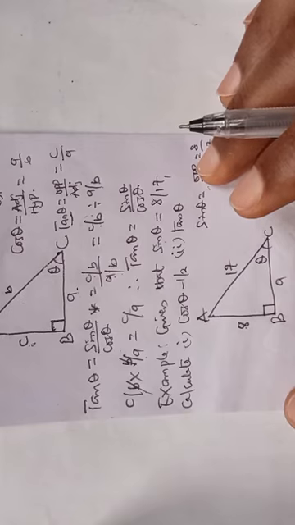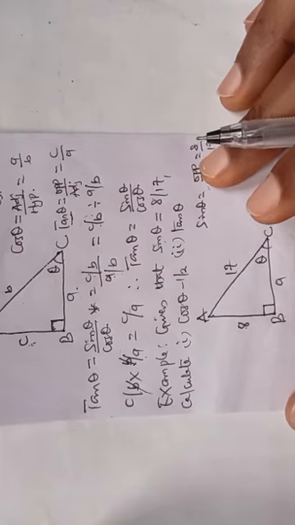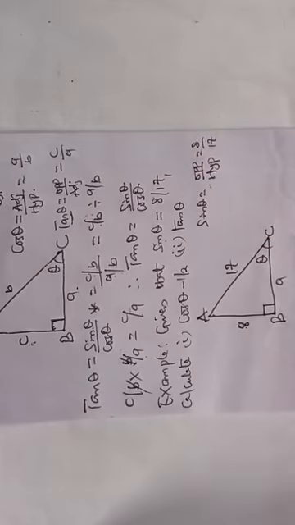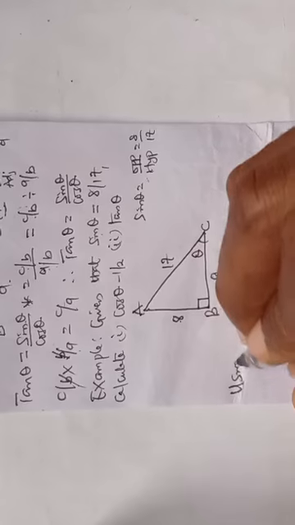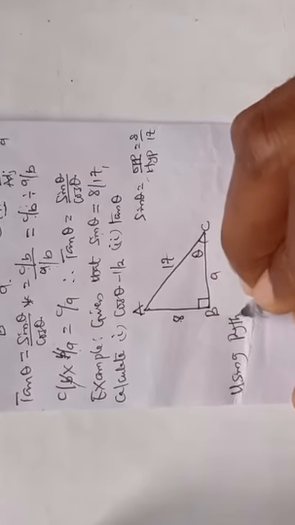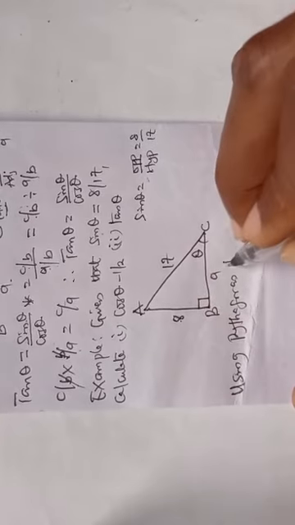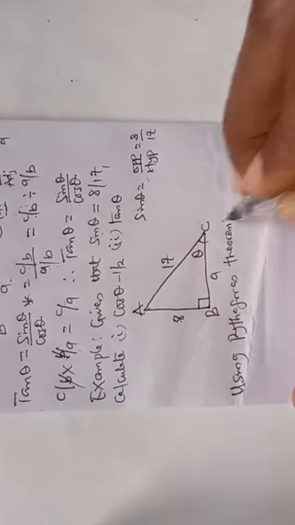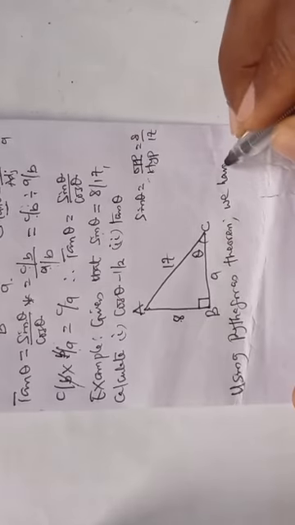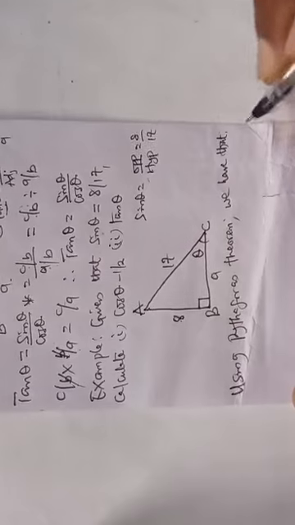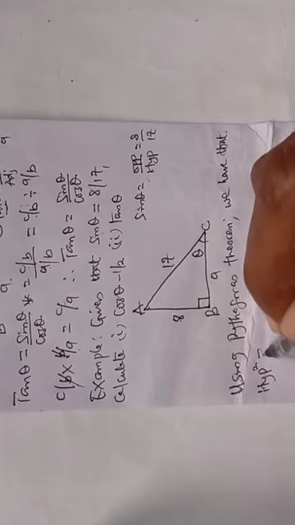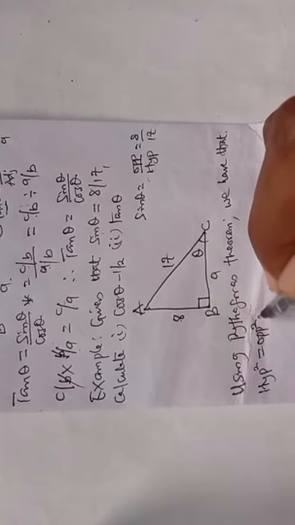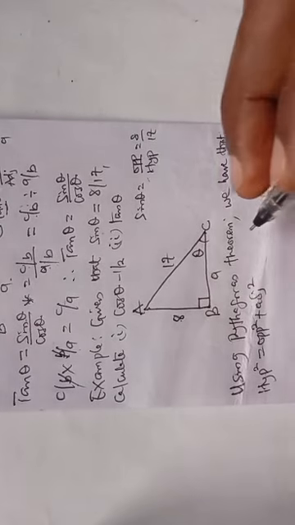Using Pythagoras theorem, which is what is being used to solve questions on right angle triangle, we have that hypotenuse squared is equal to opposite squared plus adjacent squared.